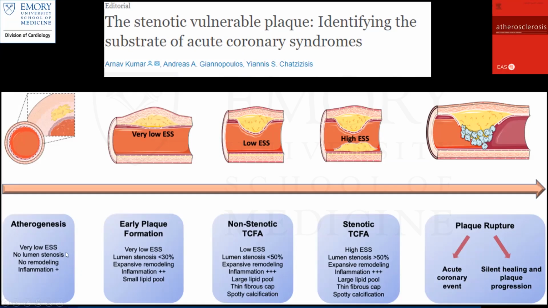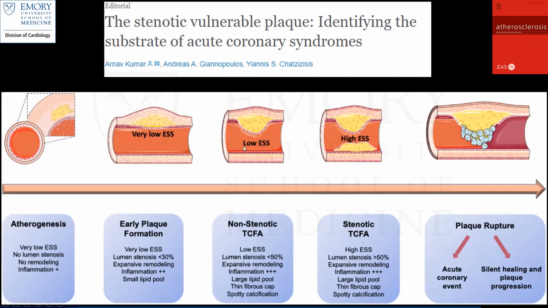Early plaque formation is followed by expansive remodeling of the vessel wall in an effort to maintain the vessel diameter. Low shear stress, by causing inflammation and activation of local receptors, causes lipid accumulation and formation of non-stenotic thin cap fibroatheroma.